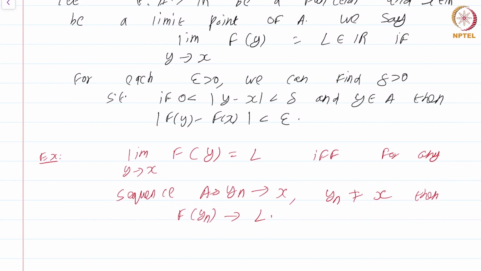Now again, one of the reasons why we took x to be a limit point and not just any adherent point is because there might not be any sequence satisfying the condition y_n converging to x and y_n not equal to x unless this point x is a limit point and not merely any old adherent point.